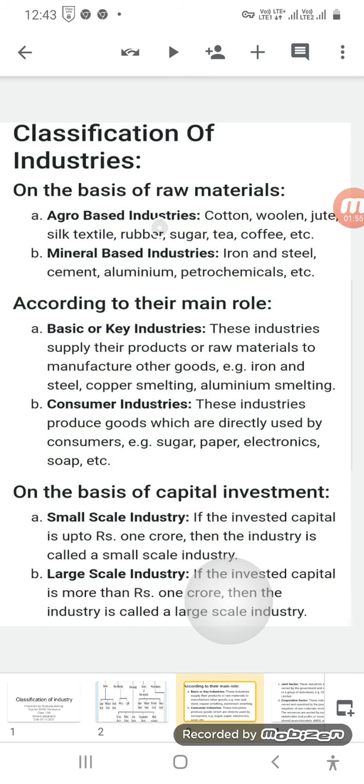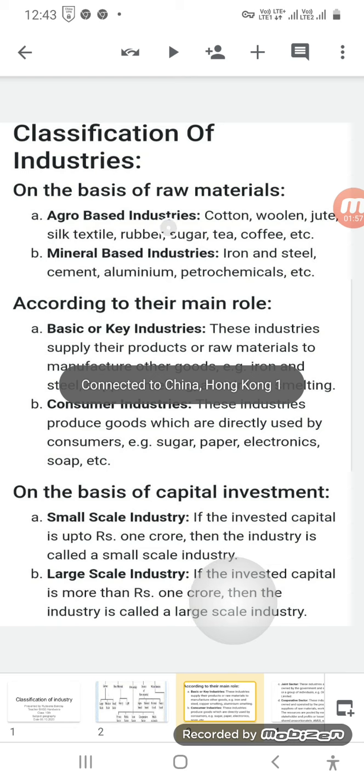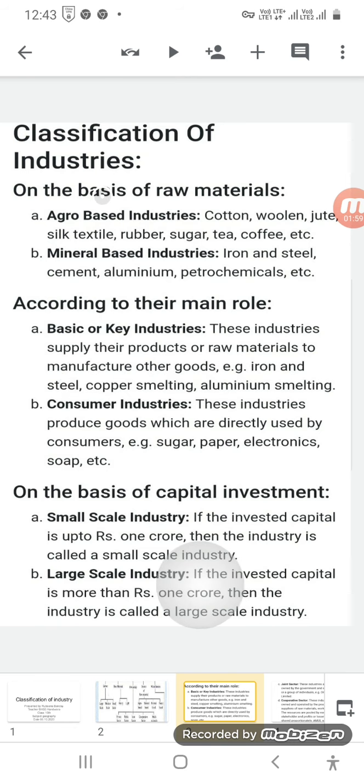Agro based industries are those industries where the raw material is drawn from agriculture. Like we have cotton, woolen, jute, silk texture, rubber, sugar, tea, etc. These industries are agro based industries, as the raw material is all from agriculture.